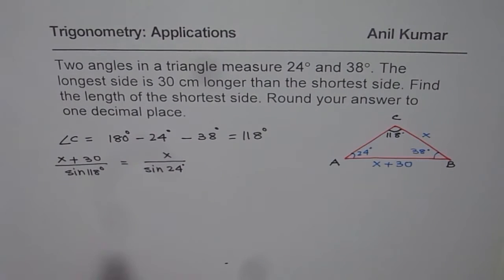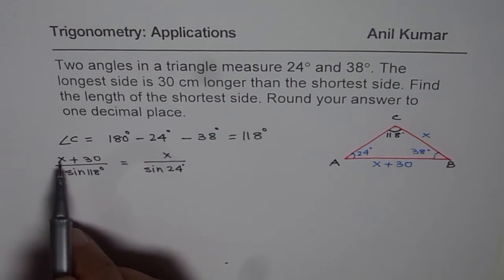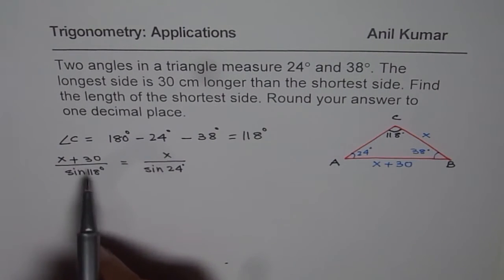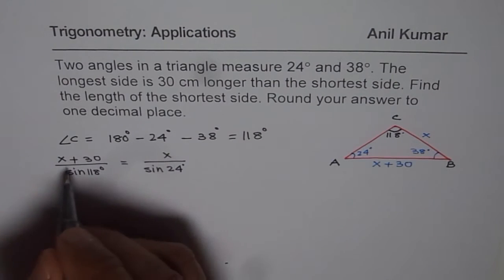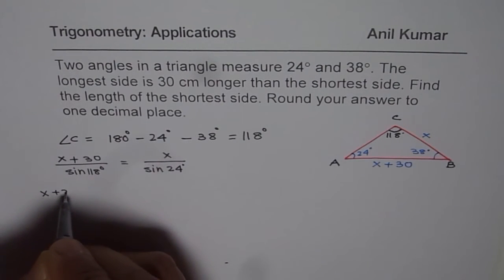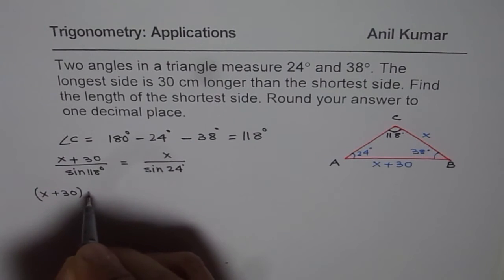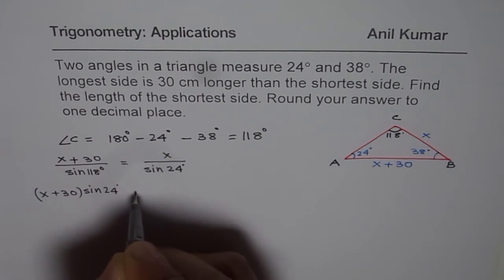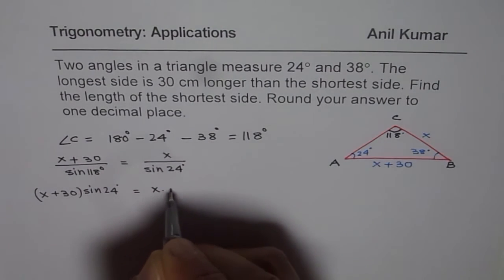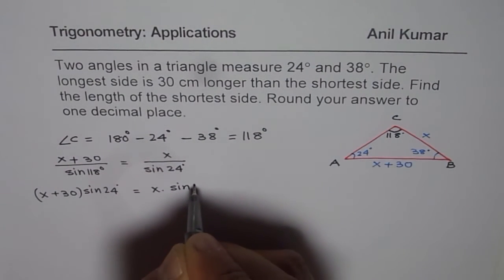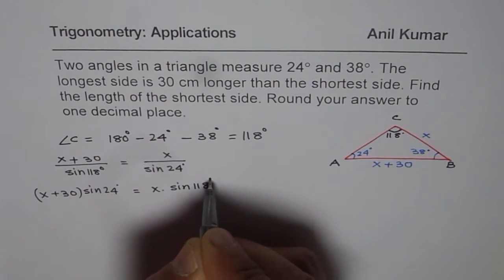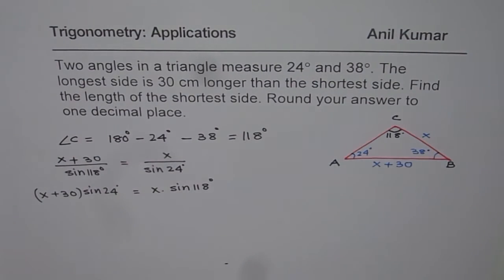Now in this equation, x is the only variable. Let us cross multiply and solve for x. So we have (x plus 30) times sine of 24 equals x times sine of 118 degrees.